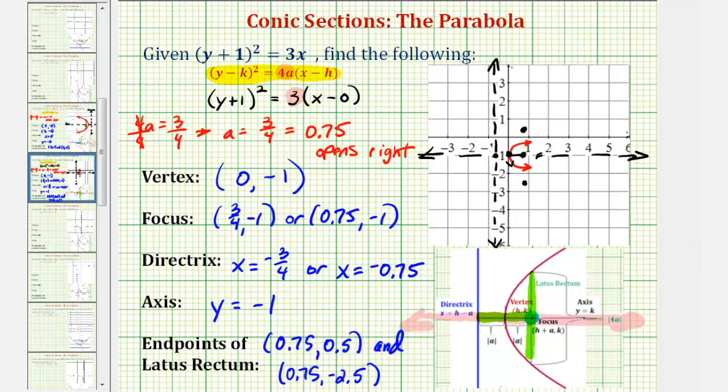We can also give these as fractions. It would be (3/4, -5/2). And now that we have these endpoints, which we know are on the parabola, we can make a more accurate graph of our parabola. The segment here again would be the focal diameter, or latus rectum. So this is the vertex of the parabola, so the graph would look something like this. I hope you found this helpful.